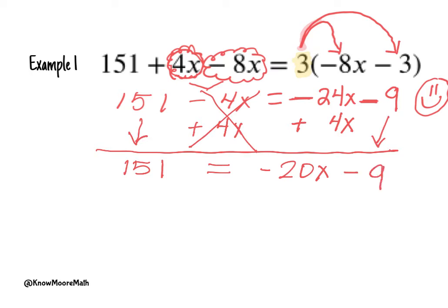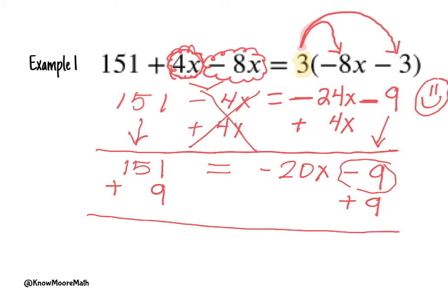So we're almost there. So now I'm going to want to move this negative 9 over to the other side by using addition. So I'm going to add 9 to both sides. That's going to give me 160. Bring down that equal sign and bring down that negative 20x.